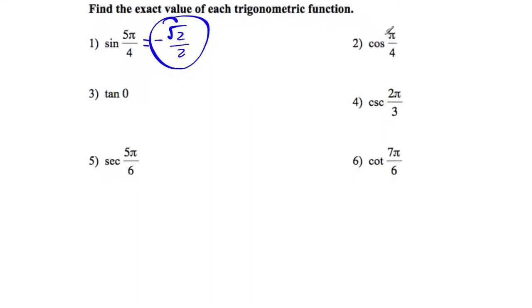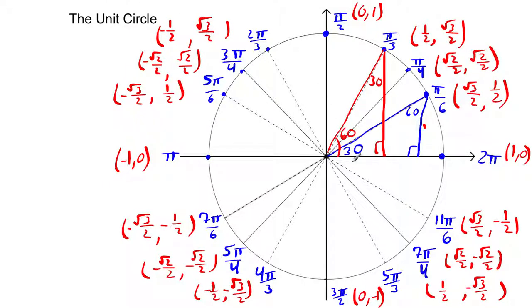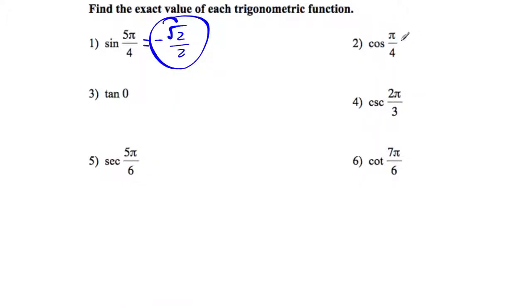So next up we have cosine of pi over 4. The cosine is the x value. So pi over 4 is right here, and the x value is root 2 over 2. So we get positive root 2 over 2. That's it.